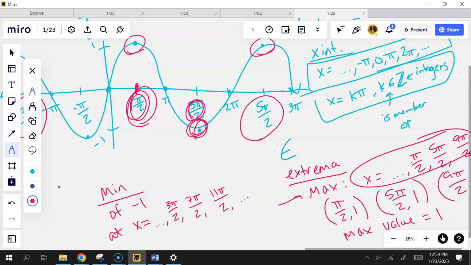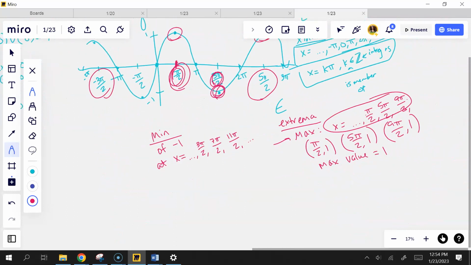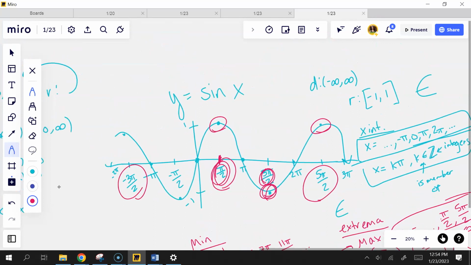Oh, how about the behavior? Oh, did I skip that? Oh, sorry. Okay, increasing. Give me one increasing interval on here, just one. Remember, you're talking in terms of x.